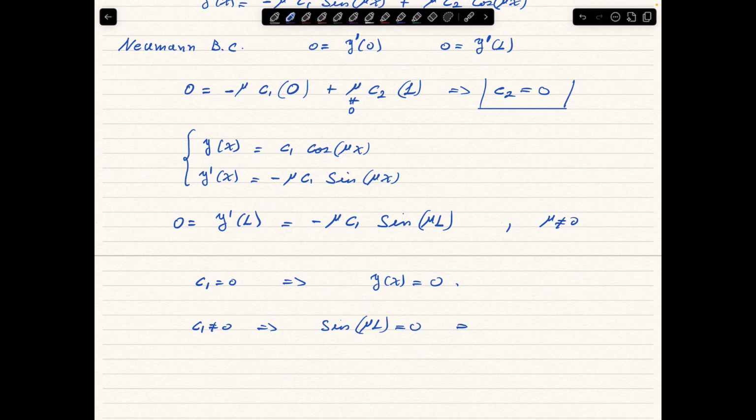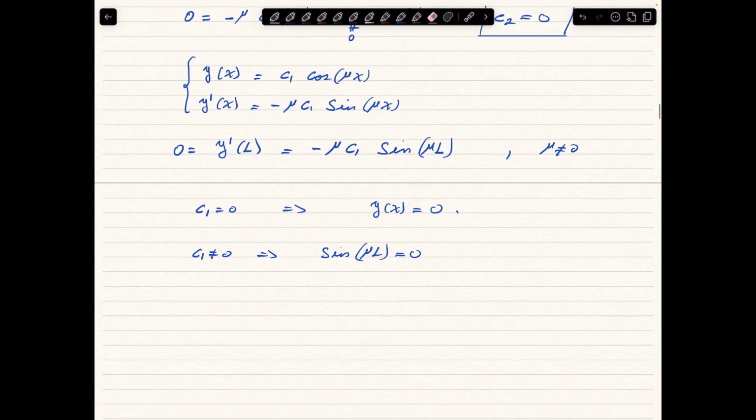And we know already from the previous problem that this is a condition on mu, and therefore on lambda, because this is the same as saying the sine of the square root of lambda times L is 0.